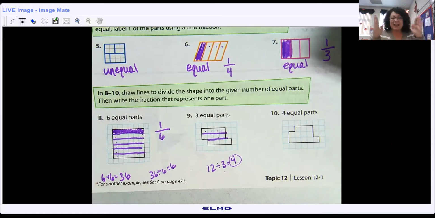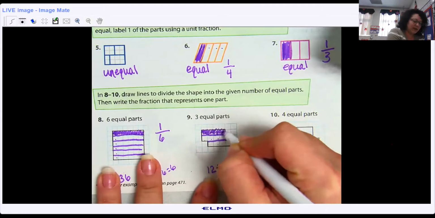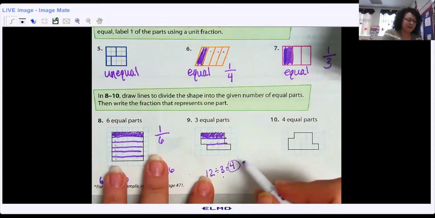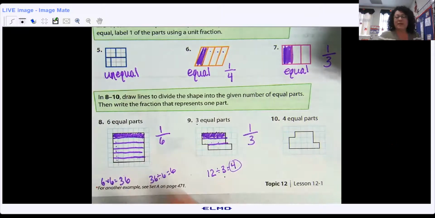Just because it's not lined up as a perfect square doesn't mean it's not divided into fractions. It just has to be equal, and each rectangle has 4 in each one. So they are equal, even though it's not a nice perfect square. So my unit fraction would be 1 piece, 3 equal parts. My unit fraction would be 1/3.